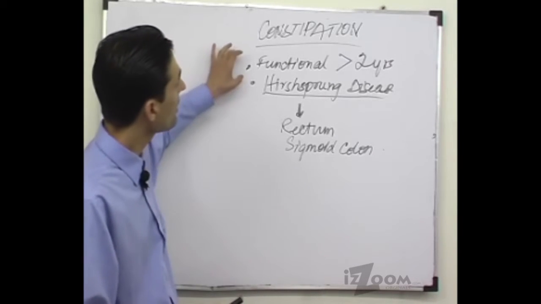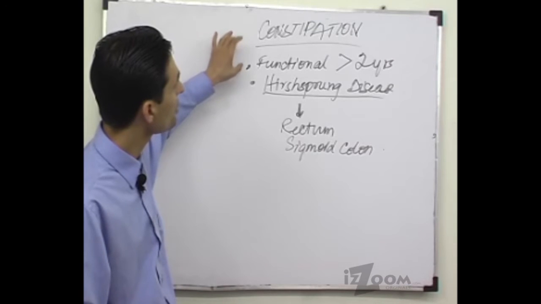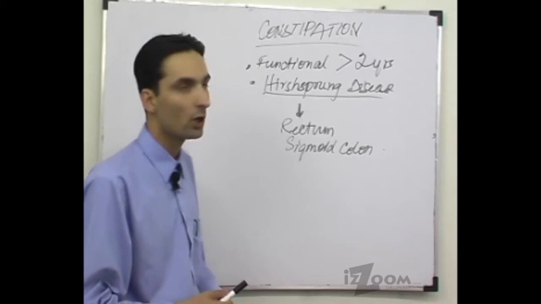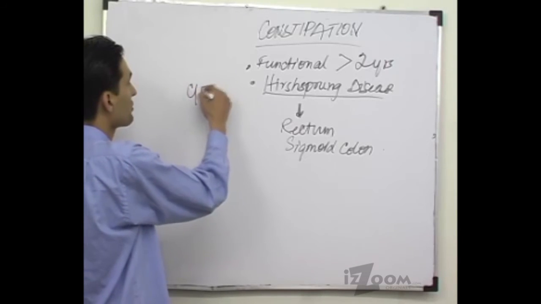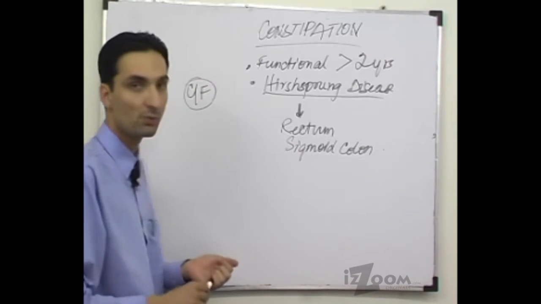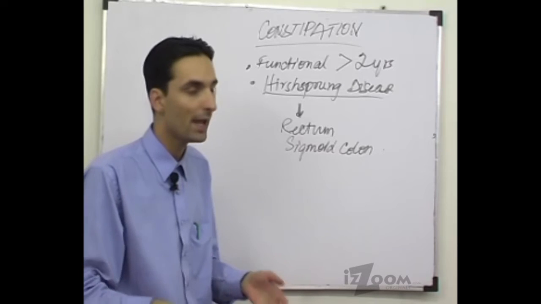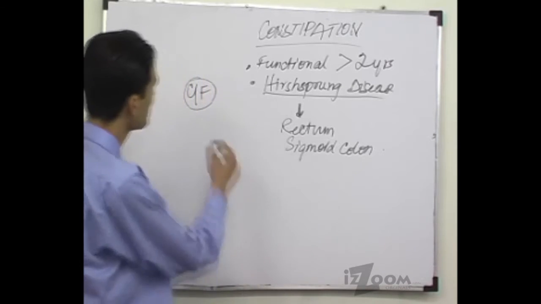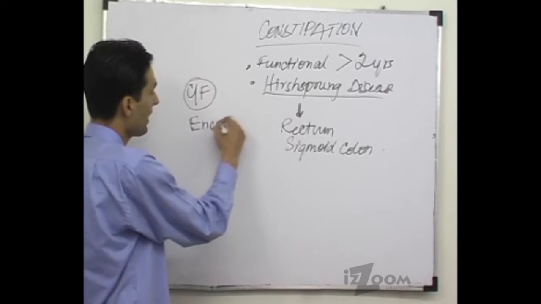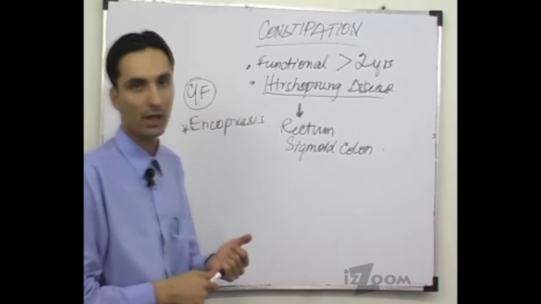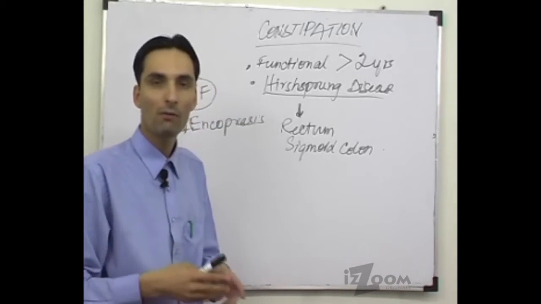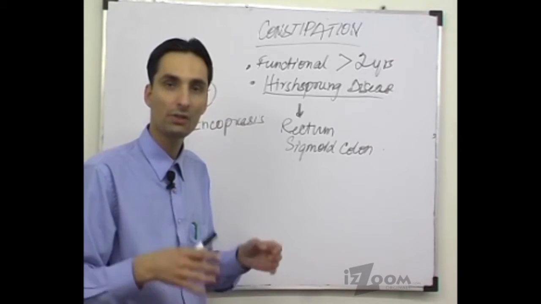But the most common cause of constipation in children is functional constipation. How do these patients present clinically? They present with constipation, obviously, and in addition they can present with encopresis, which is stool incontinence, leakage of stool from the anus.